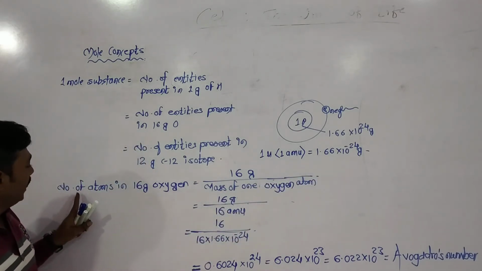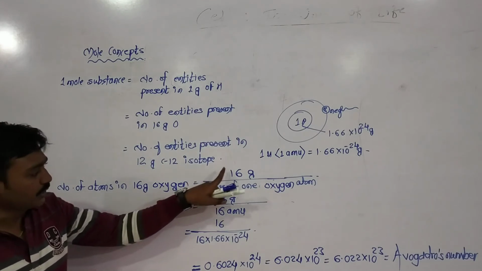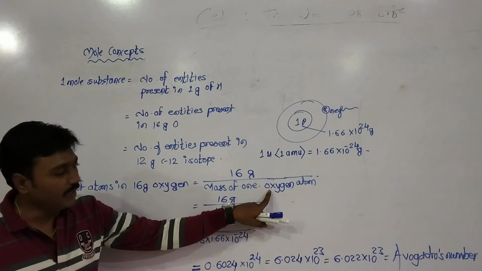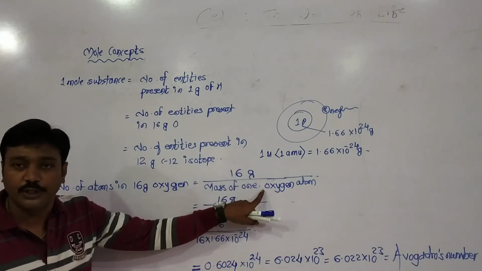Here we are calculating the number of atoms in 16 gram of oxygen. Here I put 16 upon mass of 1 oxygen atom. We will get the number of oxygen atoms present in 16 gram of oxygen.